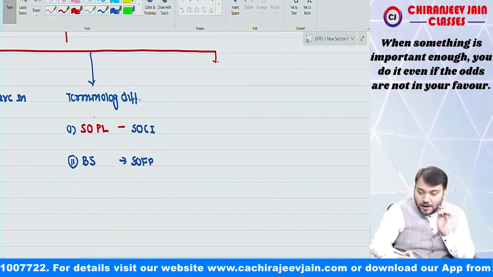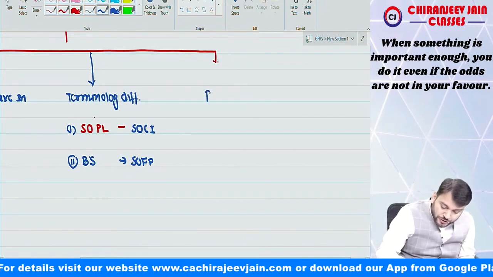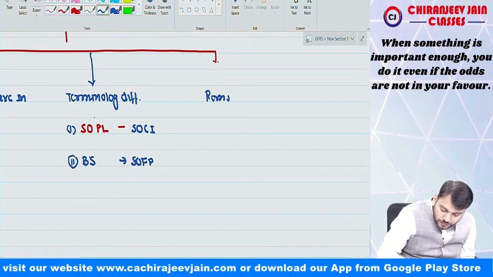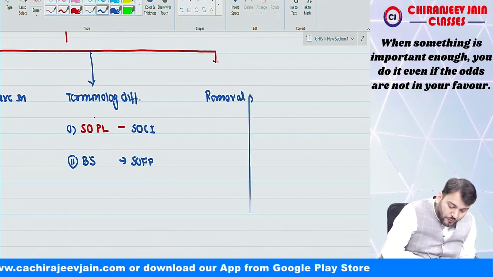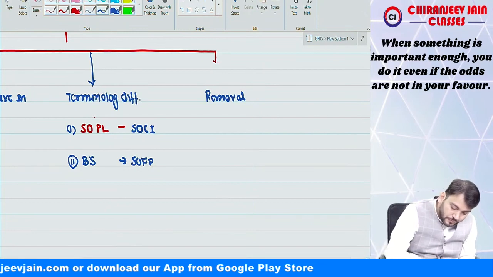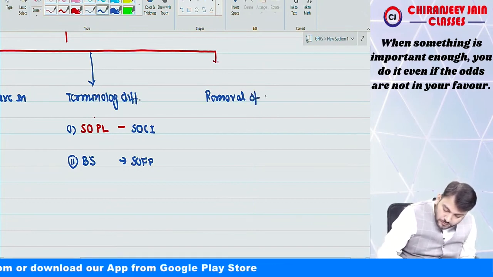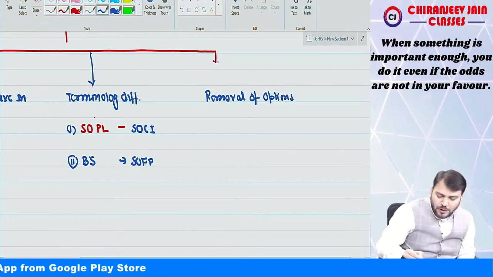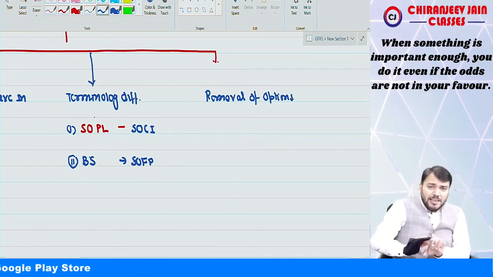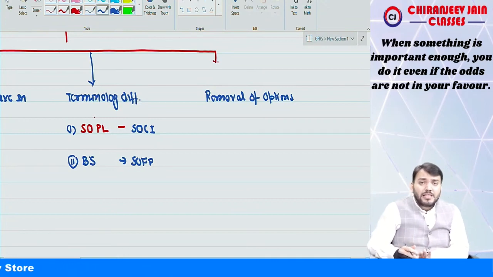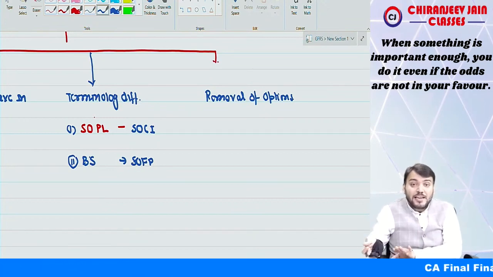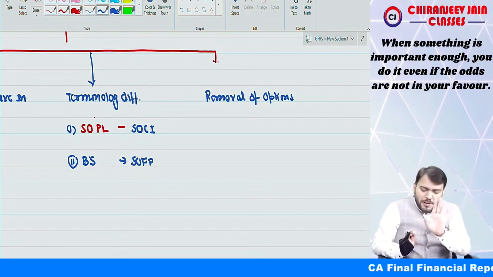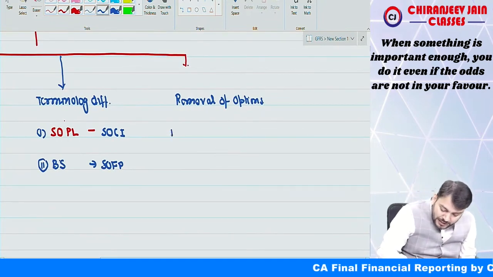Okay. Third is what? Removal of options. As far as Ind AS is concerned, there are many options which have been given under IAS and IFRS that have been removed under Ind AS. The best example I will say is Ind AS 40.